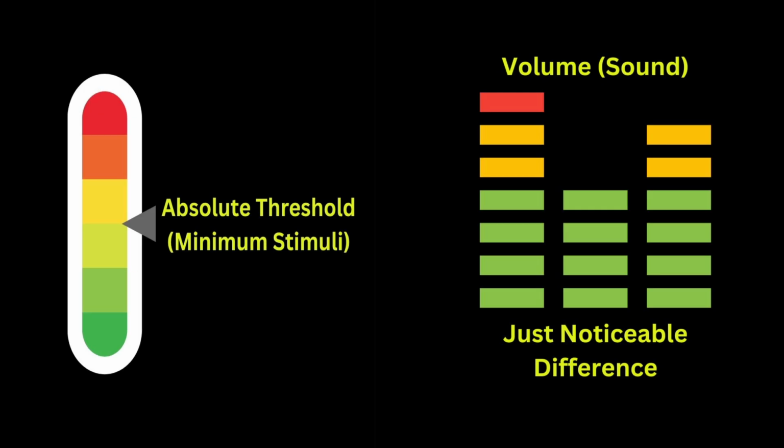We can hear very well, we can smell very well, taste, touch, see, etc. But when we get older, our threshold goes higher, meaning we need more and more volume or more and more smell to be able to detect it with our senses. So the idea, to wrap it up one last time, is that we have to hit a threshold to be able to detect things with our senses.